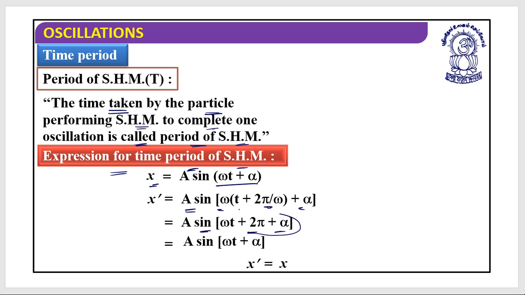When I say it's 2π plus α, that means sin(2π + θ) is always sin θ. Yes, this is the trigonometric function. So this is a sin(ωt + α), which means x' and x are both the same.